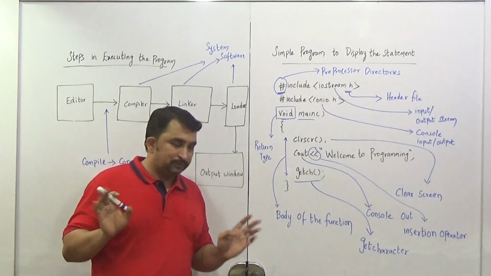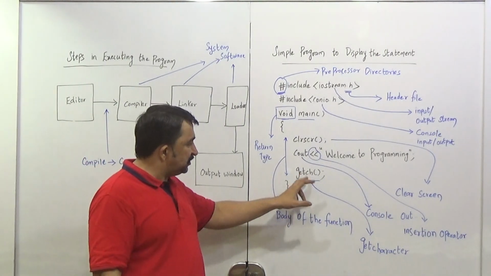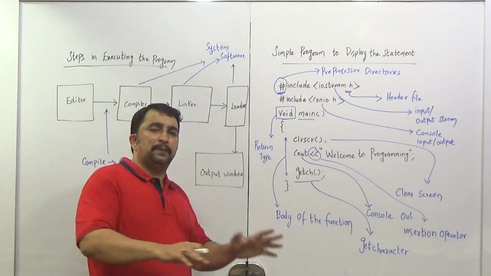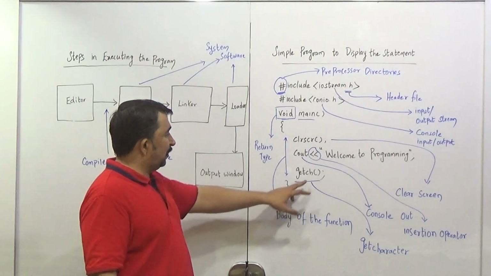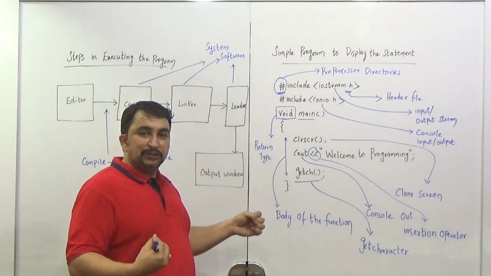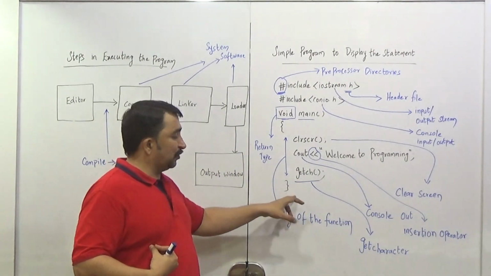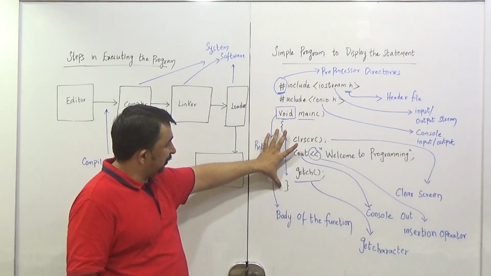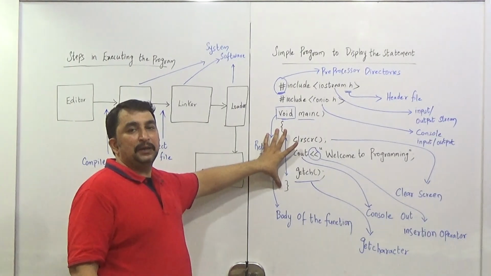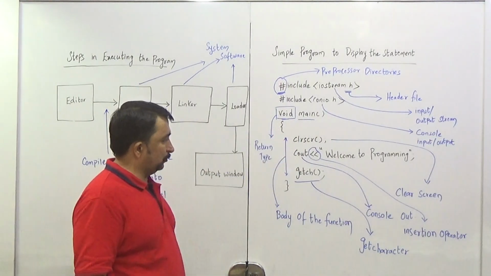Is there any doubt? So the getch function will get a value, any character or any numerals, any type of value. Once this function receives the value from the keyboard, it will terminate. And the braces are used to start the program and terminate the program.